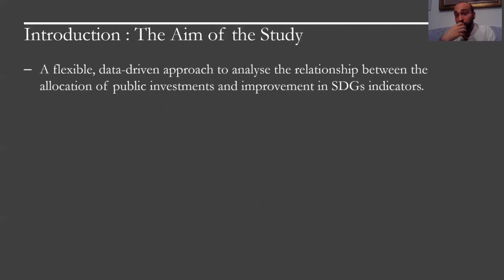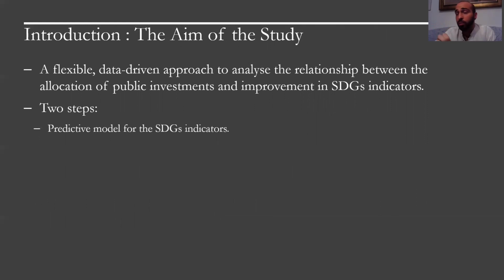So the purpose of our study is to provide a flexible, data-driven framework to analyze the relationship between public investment, public spending, and improvements in the SDGs indicators. And it is divided into two steps.